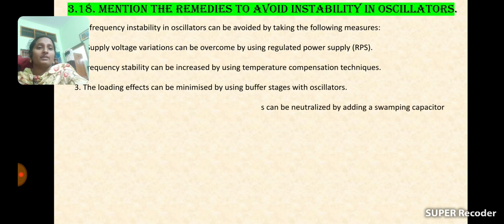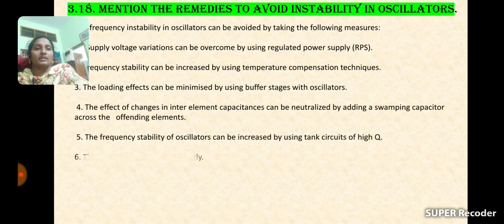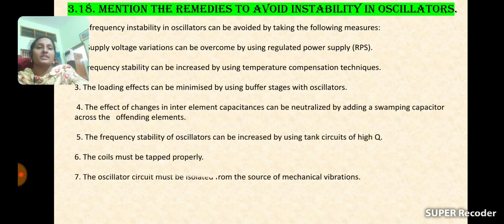And what are the remedies? Because of temperature variations, power supply variations and improper tapping, there is instability. So by proper tapping, the circuit becomes stable. By maintaining constant temperature, the circuit becomes stable. And by maintaining constant parameters, the circuit becomes stable.